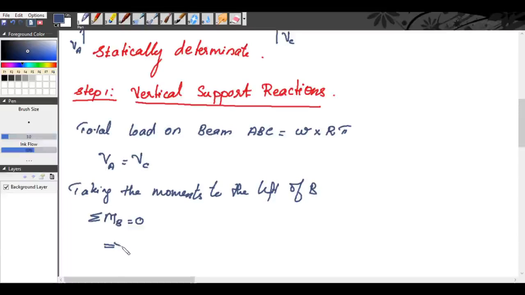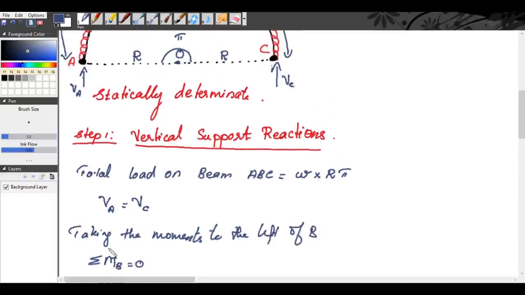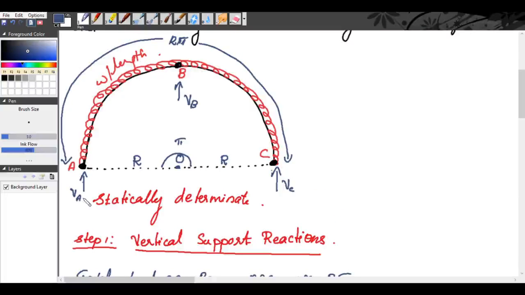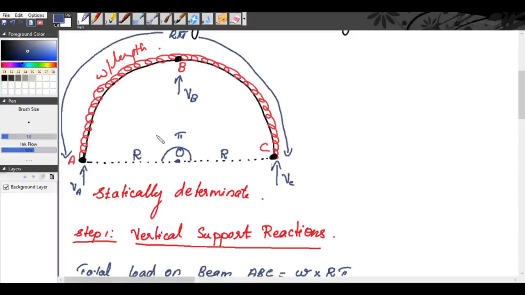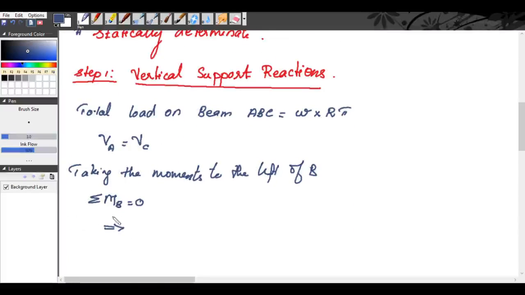What we get is VA into the perpendicular distance towards B, that is the radius R. It is clockwise, so we will take it as positive. So VA into R.